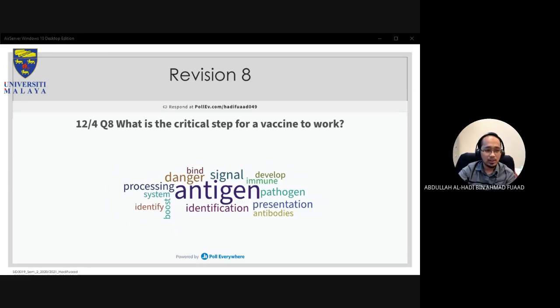Okay. All right. So these are all the answers. It is true. So you need to have, well, the critical bit is the end. Then I was hoping that processing becomes larger as well, but there's only antigen.